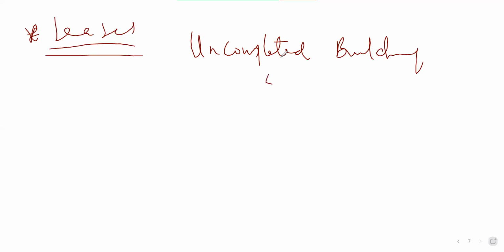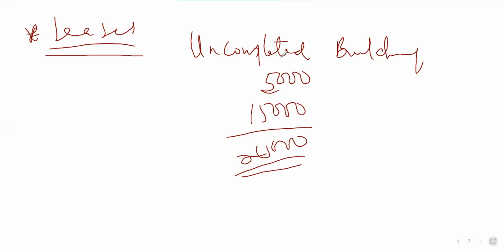Assuming the lease was 5,000 Ghana cedis, but they have spent 15,000 to complete the construction of the building. What will be the initial cost of the asset? How much are they going to recognize the asset at in the books? 20,000.